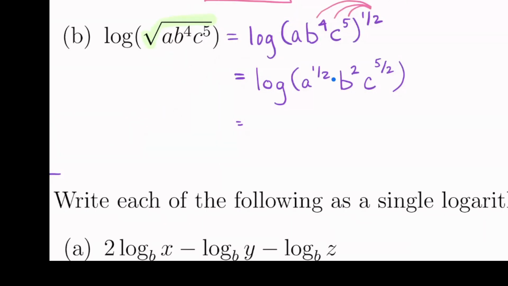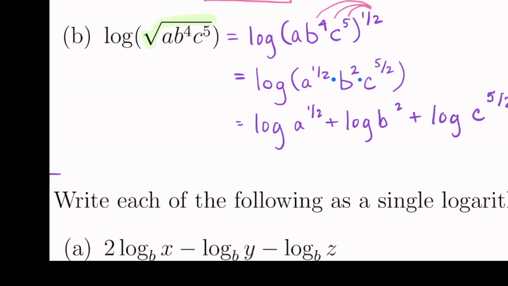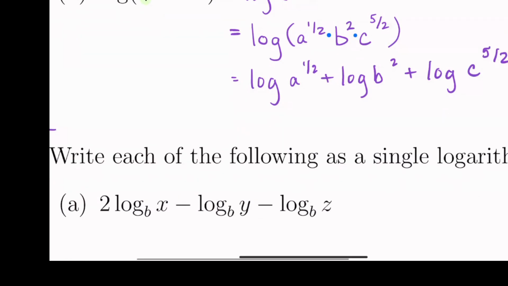Now these are all being multiplied together, so I can separate them with addition: log A to the 1/2 plus log B squared plus log C to the 5/2. Then all the exponents can go to the front.